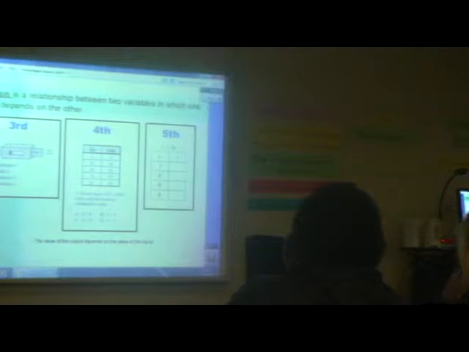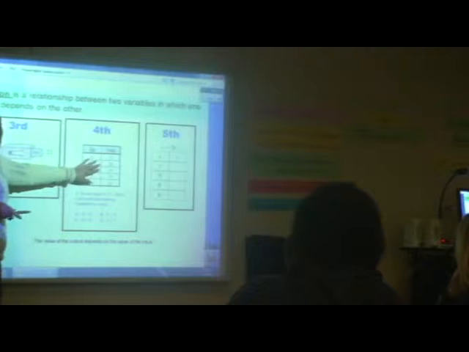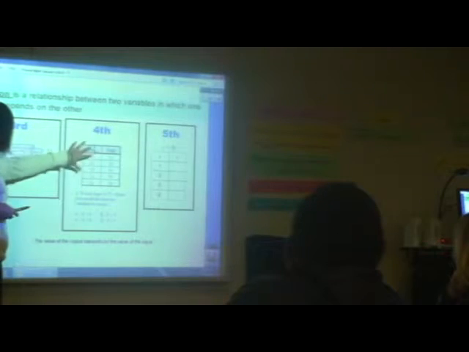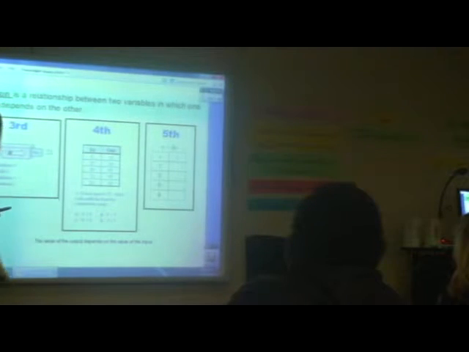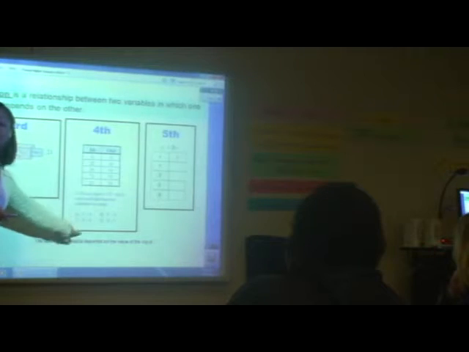Subtract 3. You got it. So we start in 3rd grade with that at a simpler scale using machines, where they put the number in the top and it comes out the bottom. In 4th grade, they start seeing in and out using those words. If we put 6 in, 12 comes out. If we put 22 in, 28 comes out. What would the rule be?